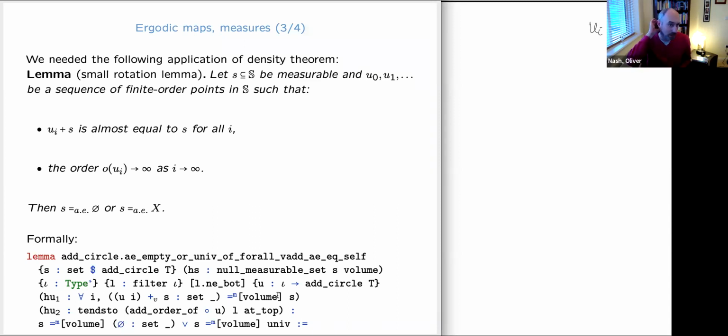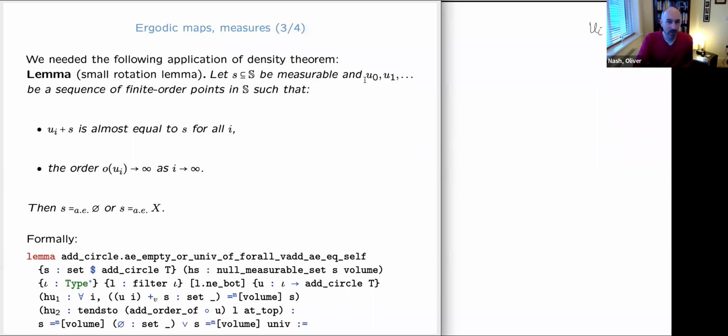Then we have u_i plus s is almost equal to s. When I say u_i plus s, that means you take this set s, and then you take the ith element of your sequence and you act on it pointwise. So that would mean you rotate it by some angle, which if I was using the sequence 1 over 2 to the i, would be this tiny angle 1 over 2 to the i.